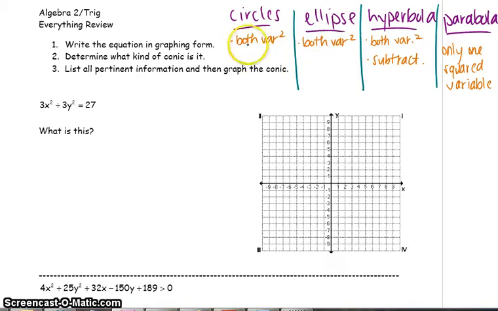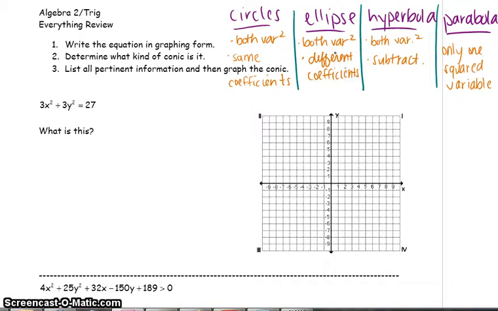But the one difference is circles have the same coefficient. I'm going to write that where you can see it. And ellipses will have different coefficients.